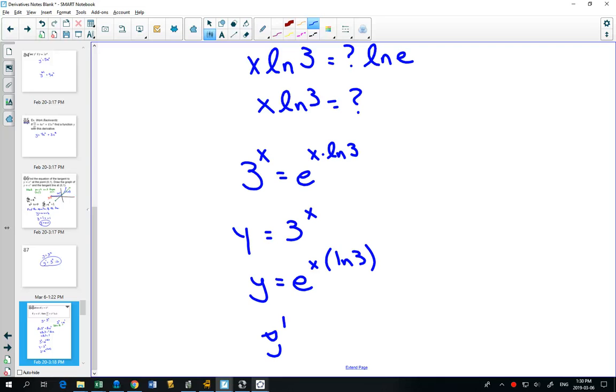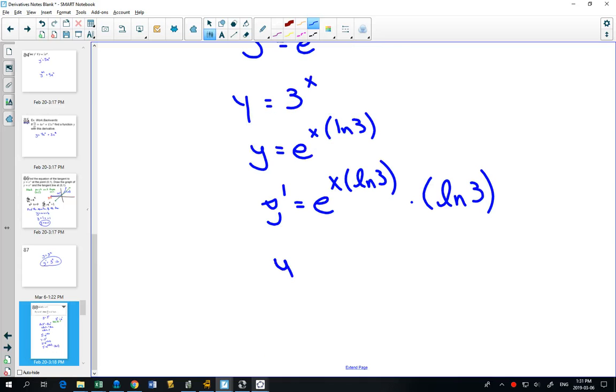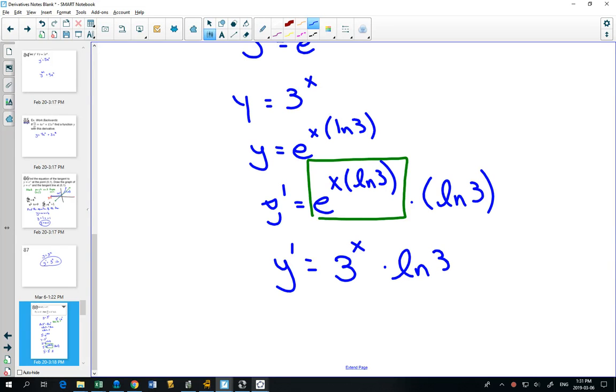The chain rule would say e to the x stays the same, multiplied by the derivative of the inside function. Natural log of 3 is a number. What's the derivative of a number times x? Just that number. So that means my derivative is equal, well, this part right here is the same as 3 to the x. And then I have an extra natural log of 3 after.